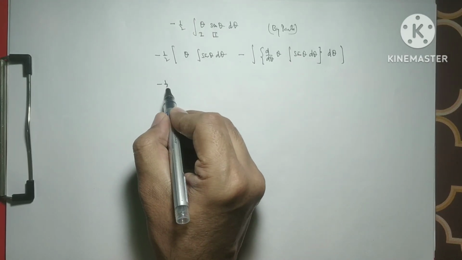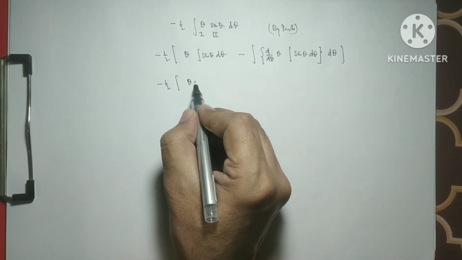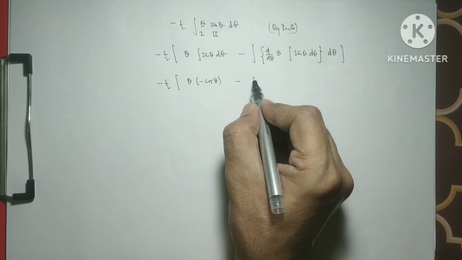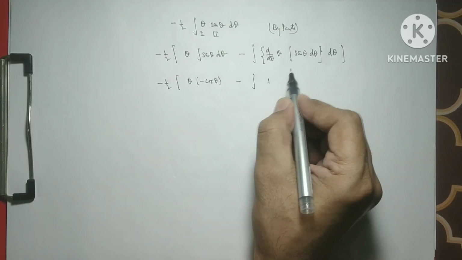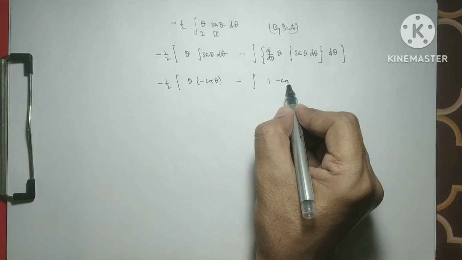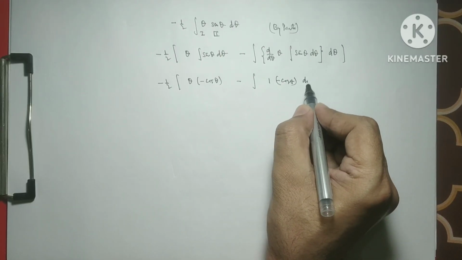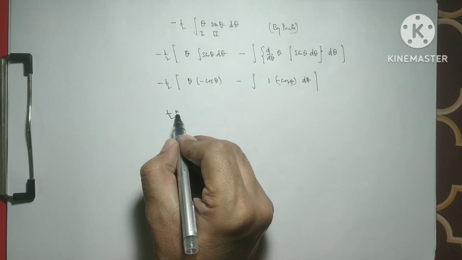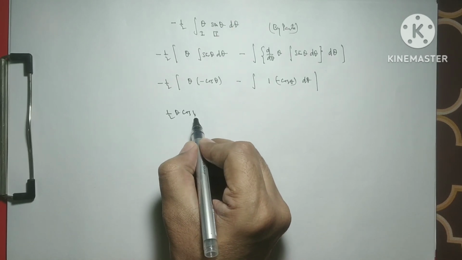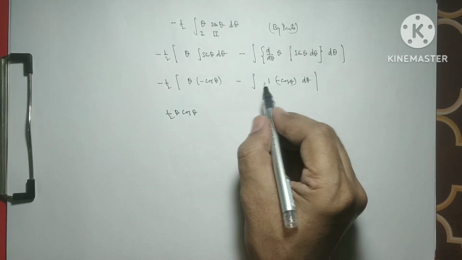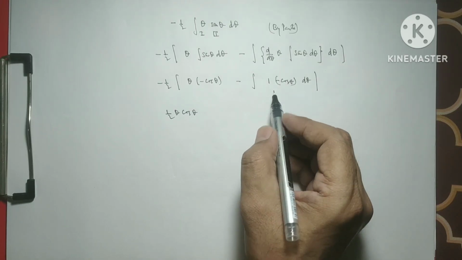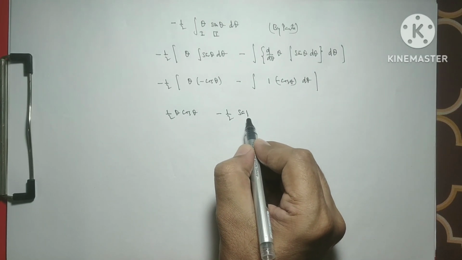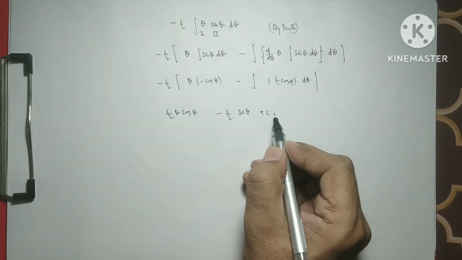Right now we have half, it is theta, and this is minus cos theta, this is 1 and this is minus cos theta. So right now we have half theta cos theta, and this is positive, and cos theta integration is sin theta, so it is minus half sin theta plus c.